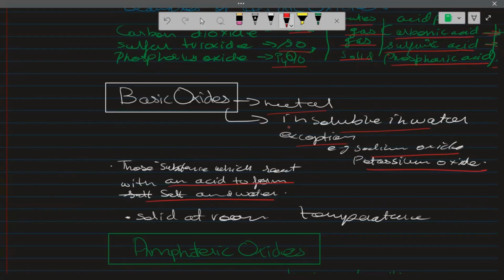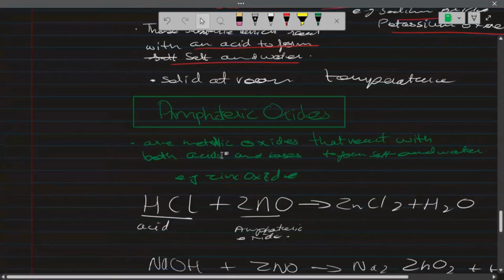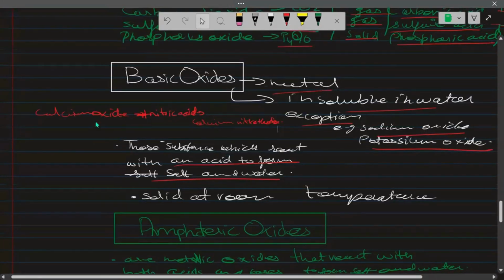When calcium oxide reacts with nitric acid, they form calcium nitrate plus water. Okay, so we are done with this example. Now we are done with basic oxide.